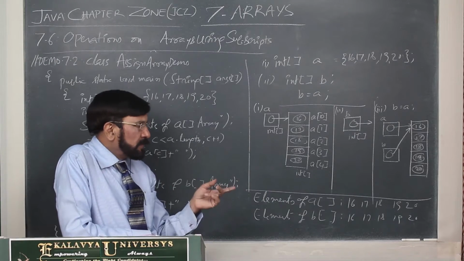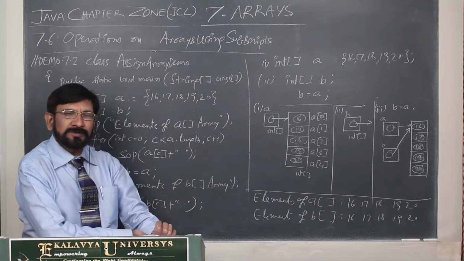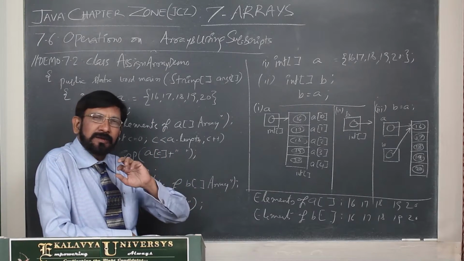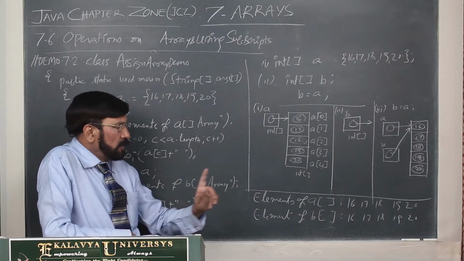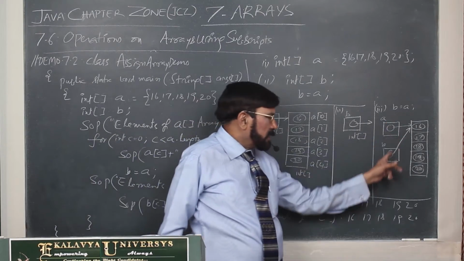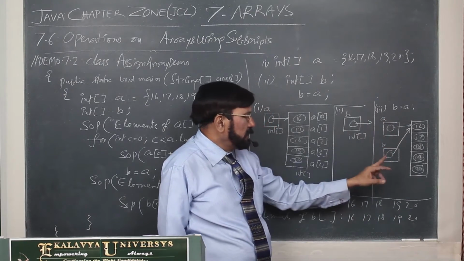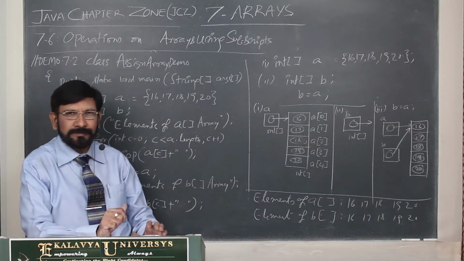Actually both are referring single array. And one more point you have to understand, for a single object we can create n number of references. There is no limitation on that. So for this array we are creating two references. The first one's name is A, the second one's name is B. That you have to understand.